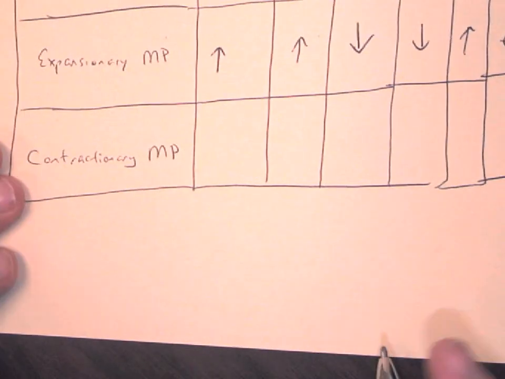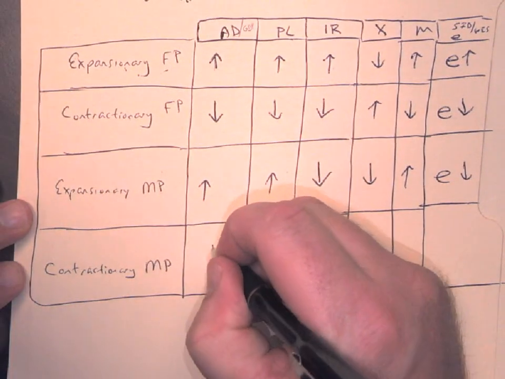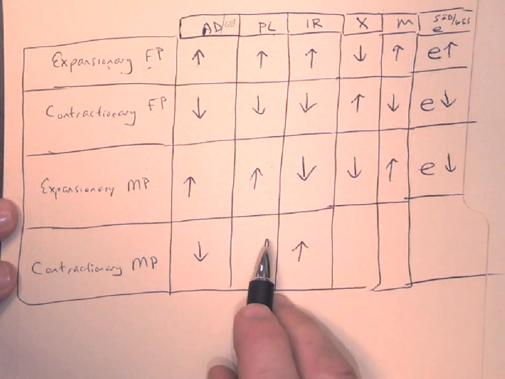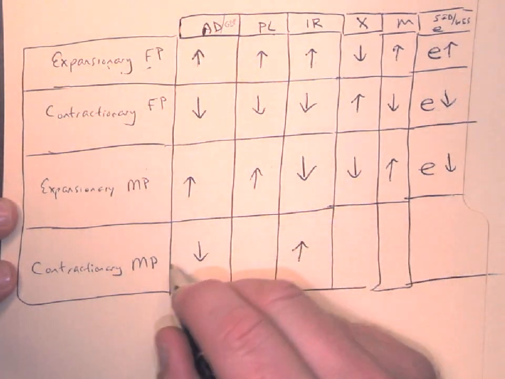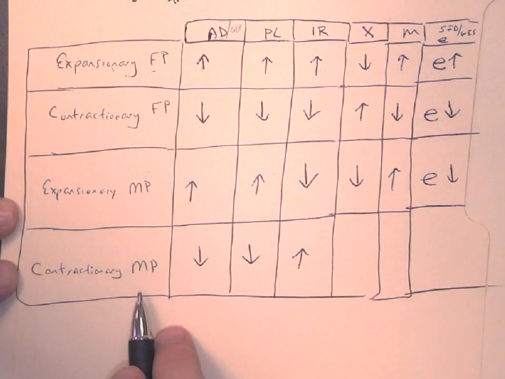If we have a contractionary monetary policy, we want aggregate demand to decrease. And we're looking to do that by raising interest rates, by open market operations, reserve ratios, however we do it. And when our aggregate demand decreases, it is going to make our price levels go down, which is successful.